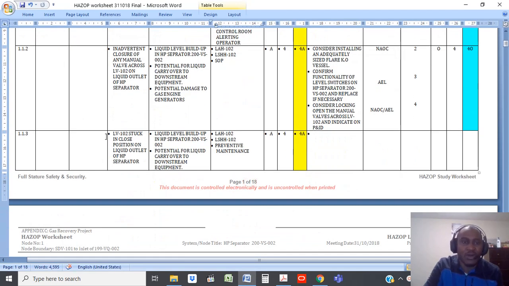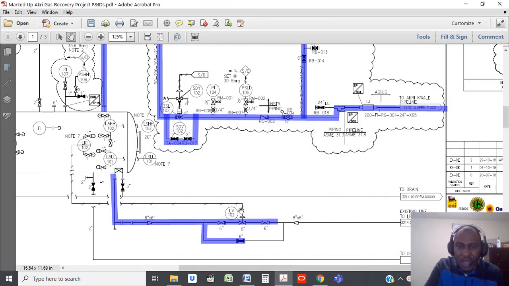Now, you could also have your LV102 stuck in closed position on the liquid outlet. Maybe due to maintenance, loss of instrument air, a bad valve, whatever, it could be stuck closed.